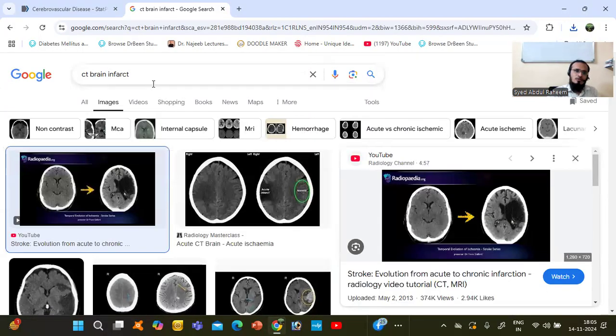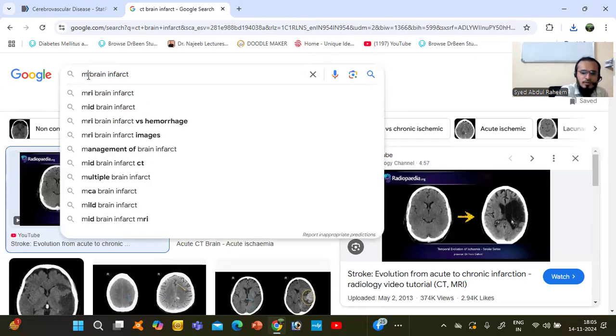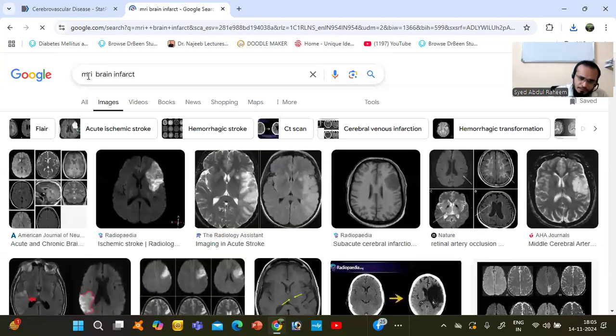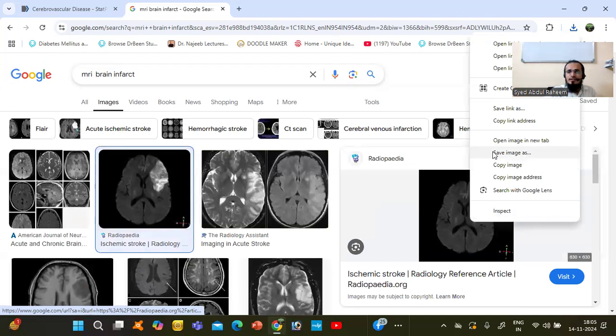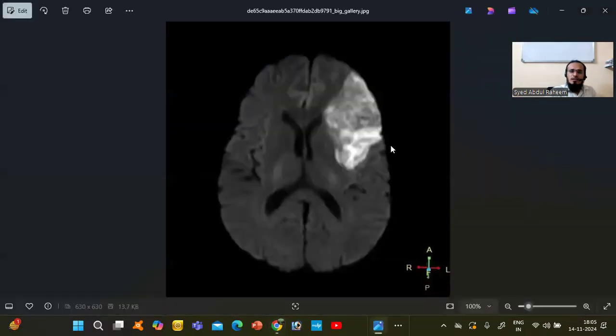Whenever you see the film, you have to see that, or else you have to go through the report. So this is MRI. In the MRI brain scan, this white part is the infarct. Okay, in the CT the white color is hemorrhage.